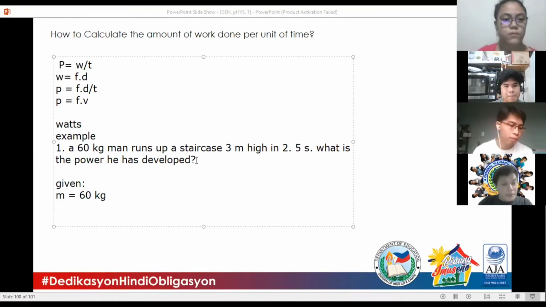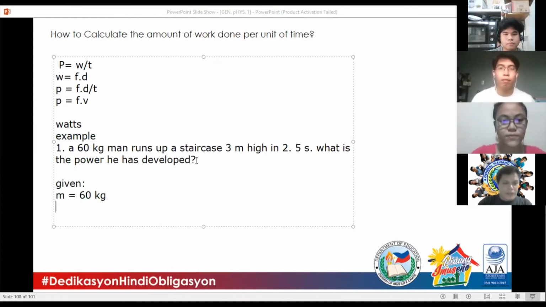O, paano yan, sir? May mass. Eh, ang formula ng power is work over time. Force times displacement. Force times velocity. Paano na kaya yan? Ano pa? What is 3 meters, Marcos? Sir, yung height po.